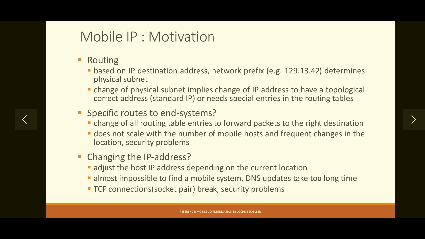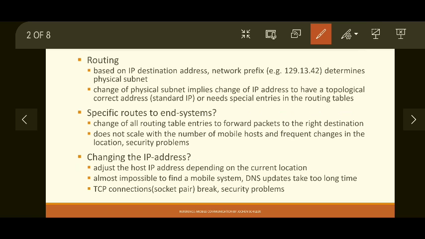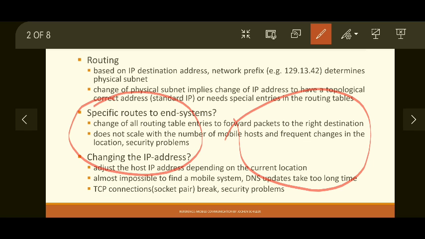Now we know that whenever we change the subnet, recall the concepts of computer network, our IP address will also change. For example, let's say there are two locations covered by two different networks. One network has this particular IP address, let's say 129.13.42.